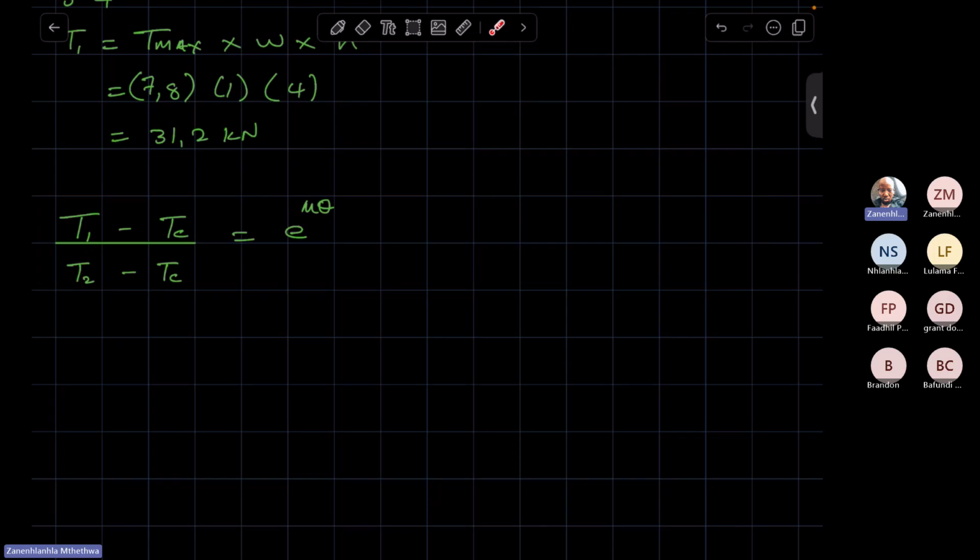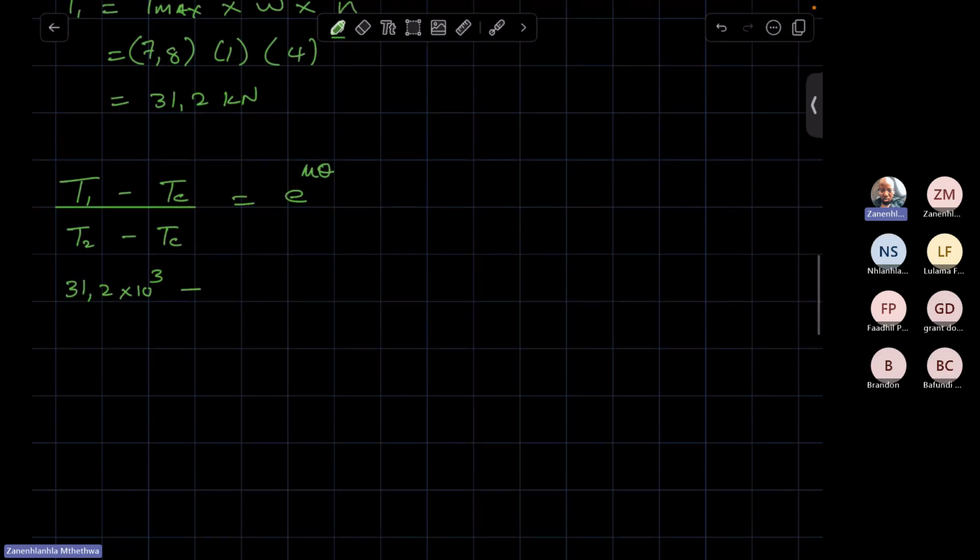So T1 is 31,2 times 1,000, to convert from kilonewtons to newtons, to make sure that when calculating this, your tensions are in newtons.